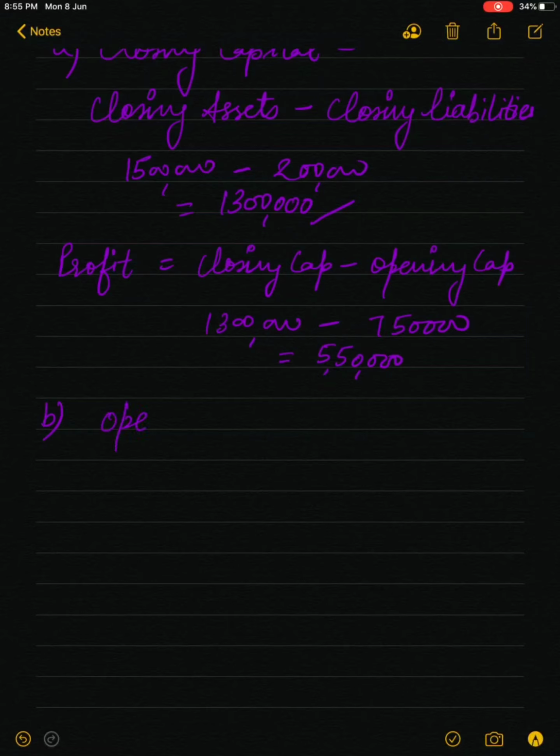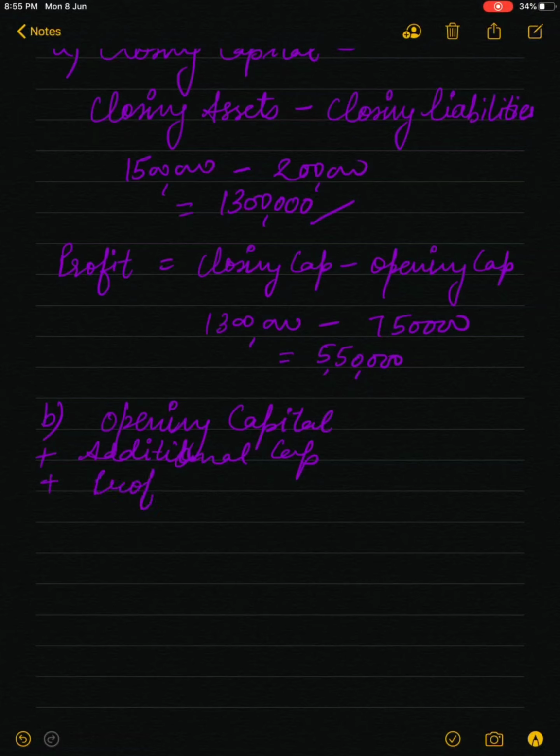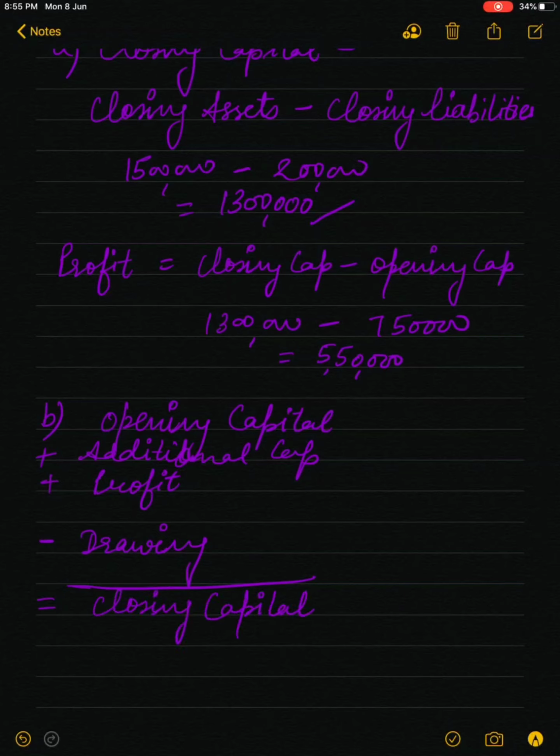First of all, opening capital plus additional capital plus profit minus drawing is equal to closing capital, right?